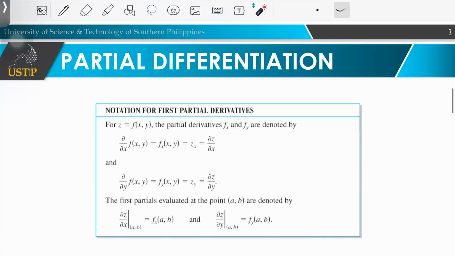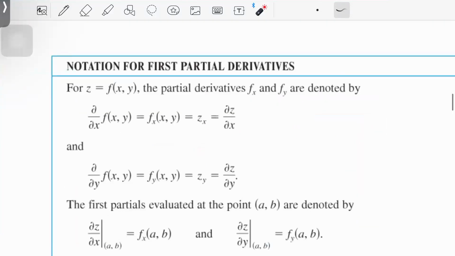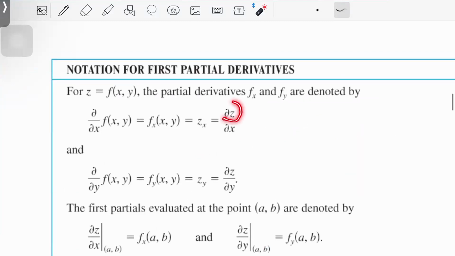Okay, so our notation will be something like this. This is the partial derivative, with the notation that looks like a cursive d. So that is the partial derivative of z, where z is a function of x and y, no? Partial derivative of z with respect to x. There are many notations, no?